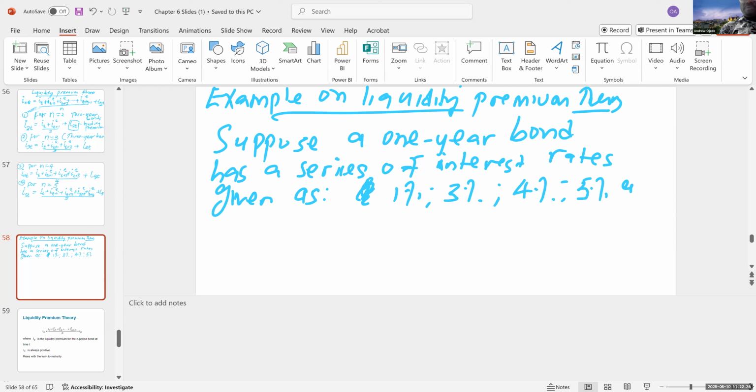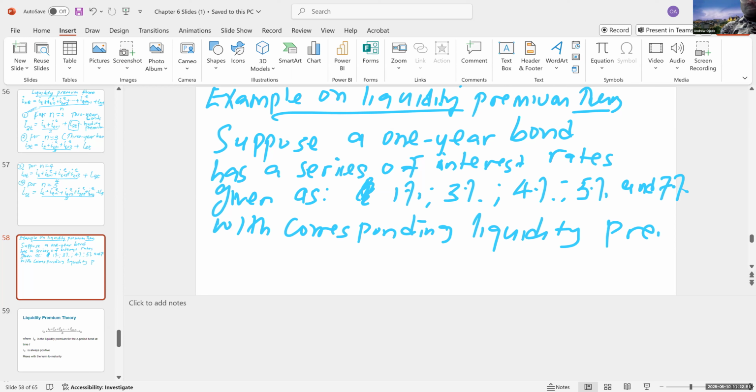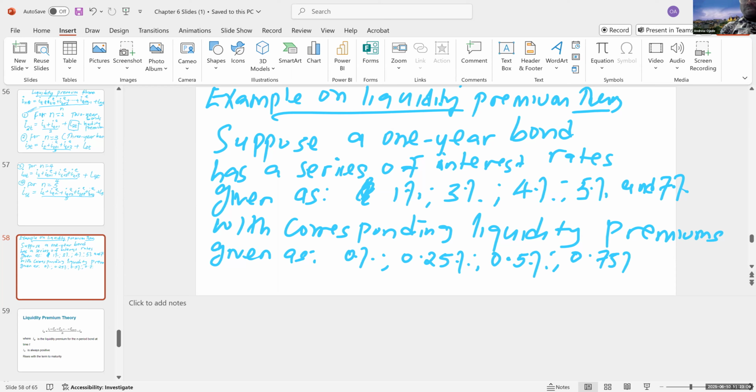Let's use the same example that we used for the expectation theory, 7%, with corresponding liquidity premiums given as 0%, 0.25%, 0.5%, 0.75%, and 1%.